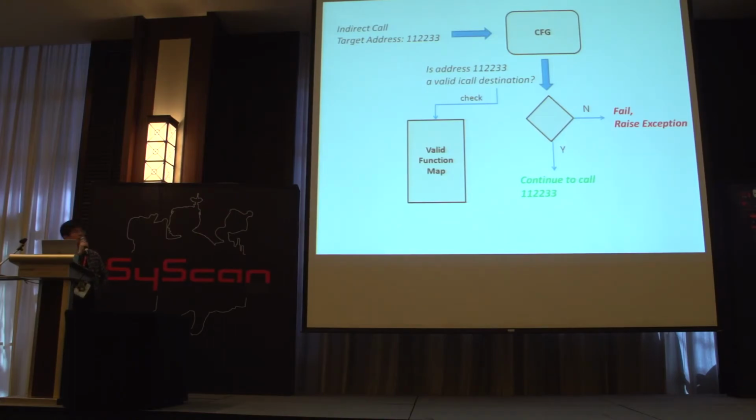So if CFG finds that this address is a valid indirect call target, then it continues to call this function. But if it finds it is not a valid call target, then it will raise an exception and the current program will be terminated.